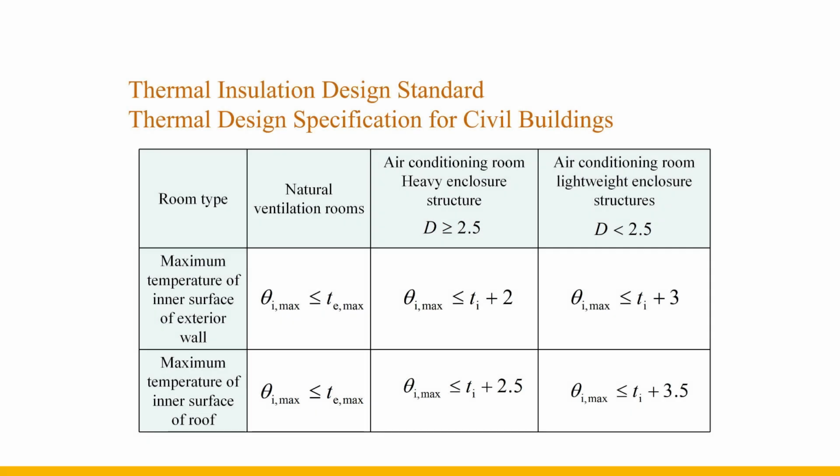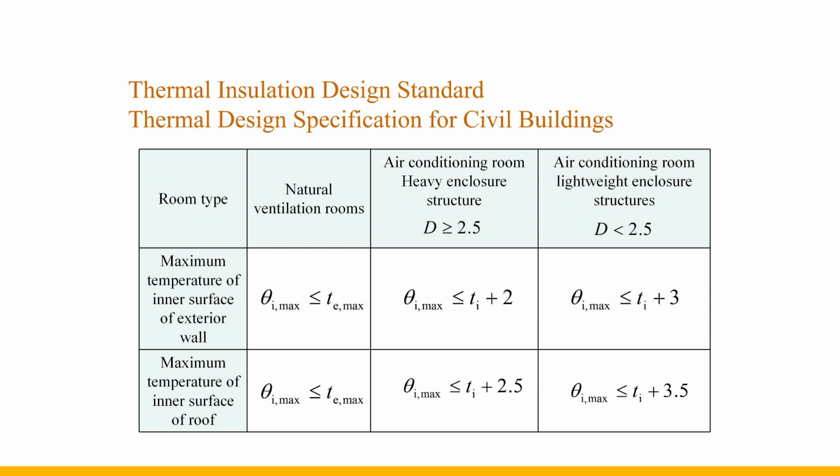The thermal insulation design standard is to determine the degree of thermal insulation control of the enclosure structure, which is closely related to the regional climate characteristics, living habits, adaptability to climate, economic and technological level.